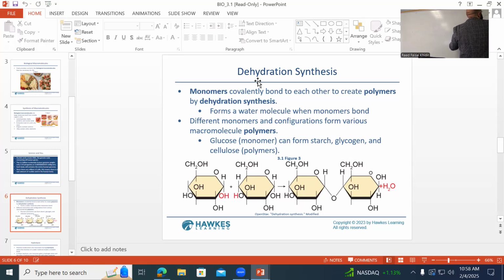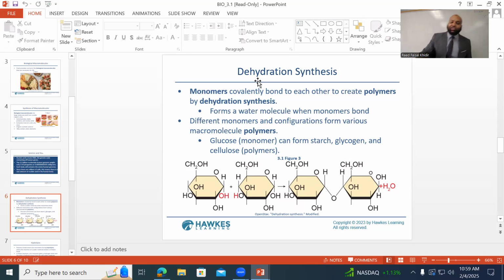So if I want to break down, I add water to separate. If I have two molecules, I add water, and I cause the lysis, the breakage, and the separation. Or I remove water, I take away water. That's known as dehydration.